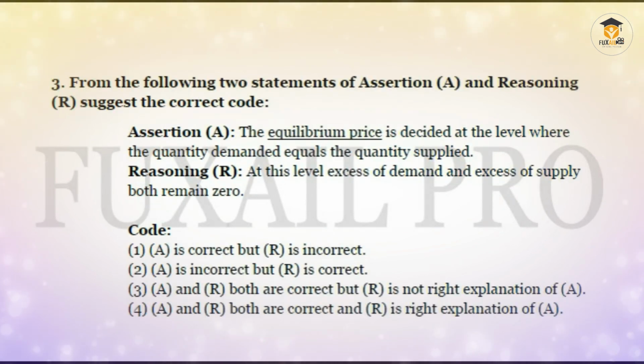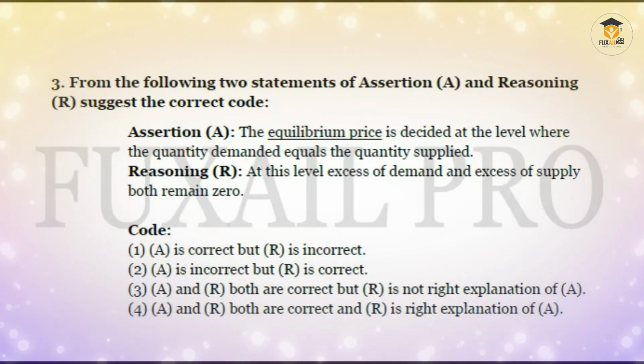3. From the following two statements of assertion A and reasoning R, suggest the correct code. Assertion A: The equilibrium price is decided at the level where the quantity demanded equals the quantity supplied. Reasoning R: At this level excess of demand and excess of supply both remain zero. Code: 1.